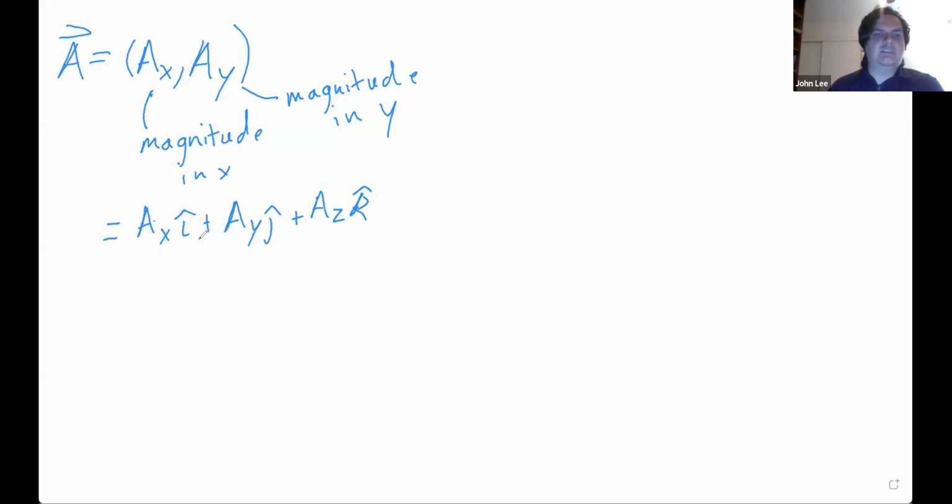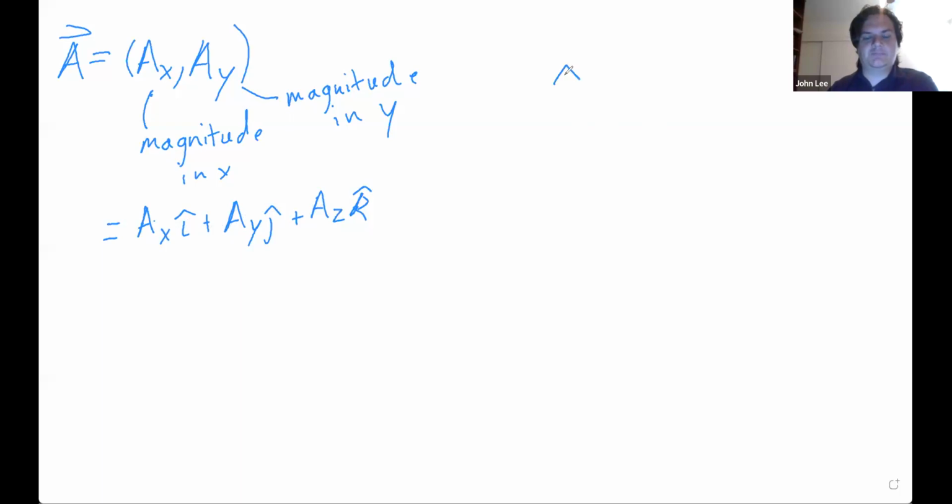Okay, so if these are the unit vectors in the x, y, and z directions, then you see that AX is just the magnitude of the vector pointing in the x direction, AY is the magnitude pointing in the y direction, AZ is the magnitude pointing in the z direction.